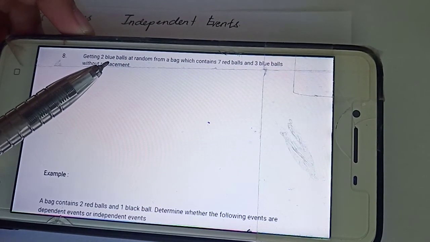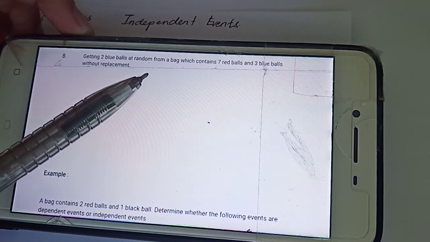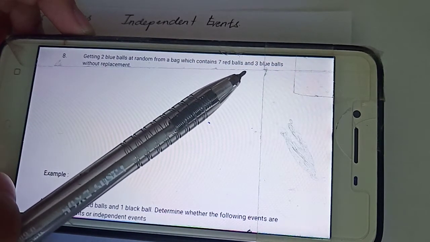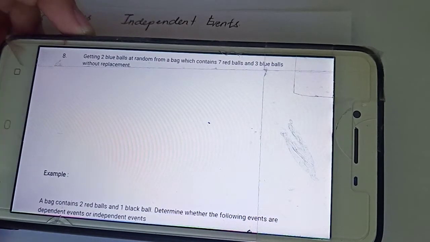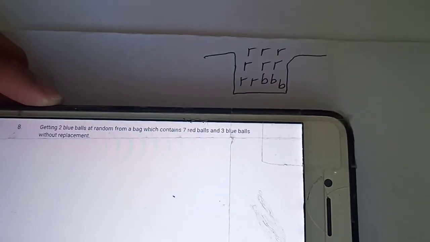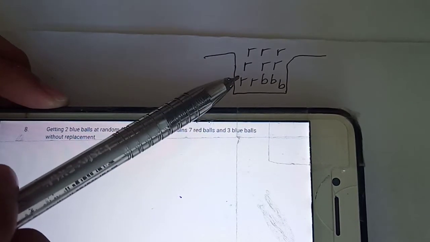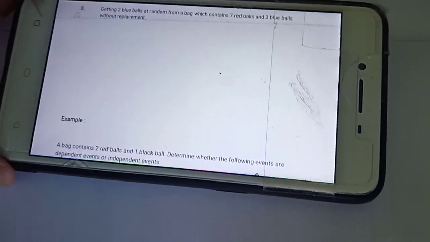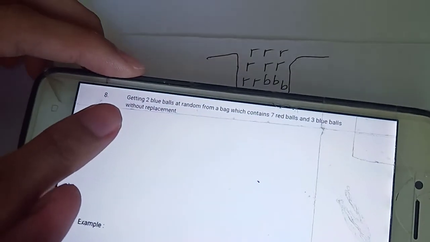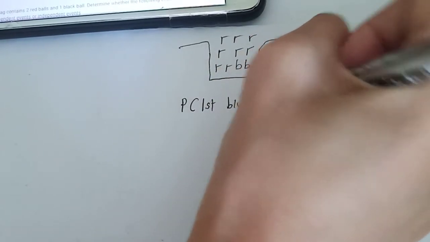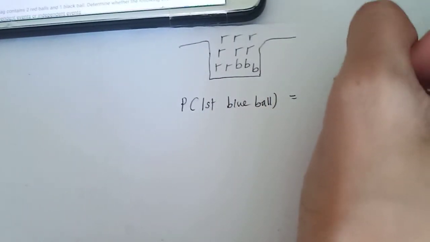Number 8. Getting 2 blue balls at random from a bag which contains 7 red balls and 3 blue balls without replacement. So I have a bag here, 7 red balls and then 3 blue balls. Now I want to get 2 blue balls. So what's my probability of getting the first blue ball?